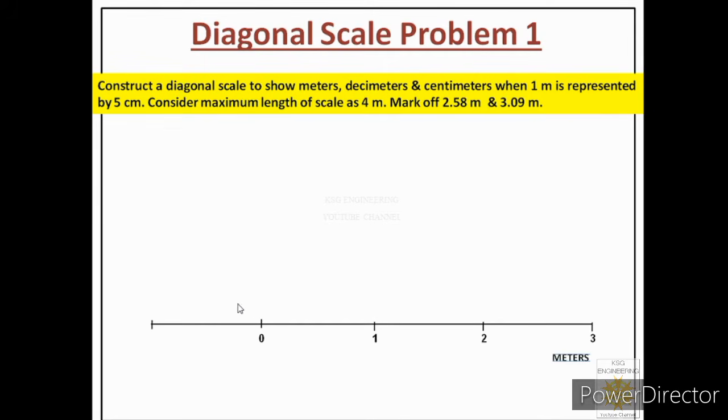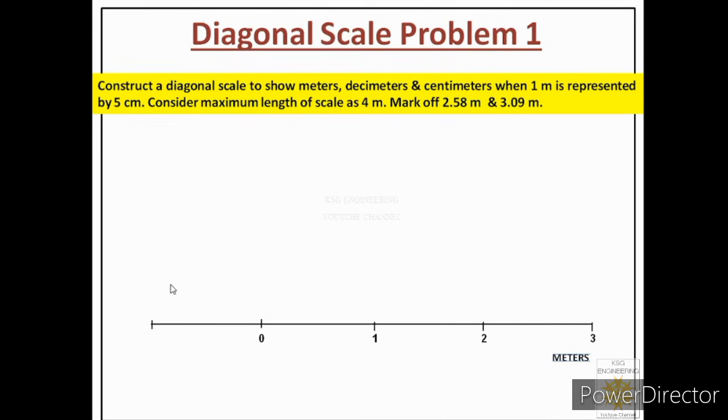Now the question arises: how many parts should I show over here? The answer will depend upon what is the next unit I have to show. Now he is asking us to show meters. Meters we have already shown. Now decimeters. It means over here we have to show decimeters.